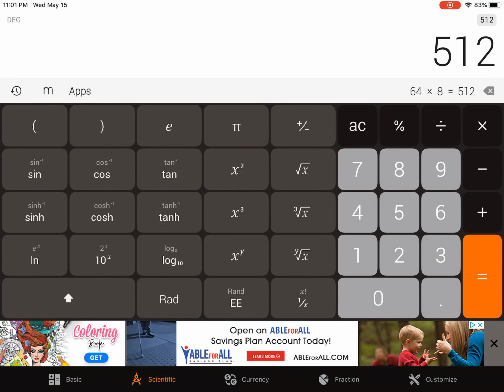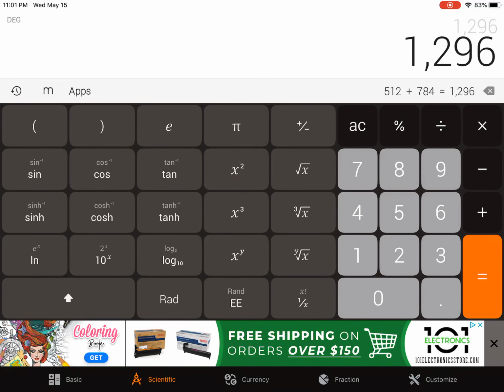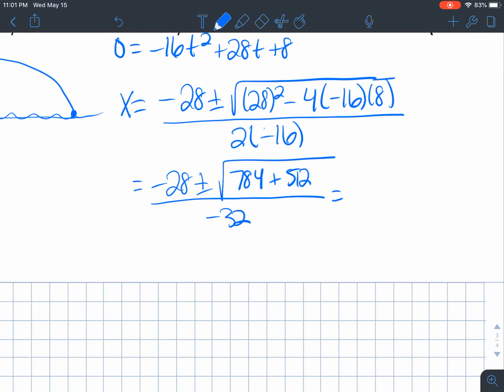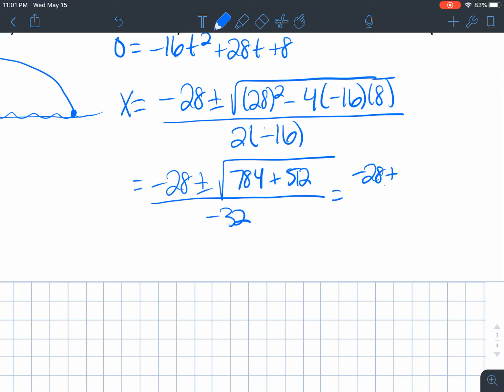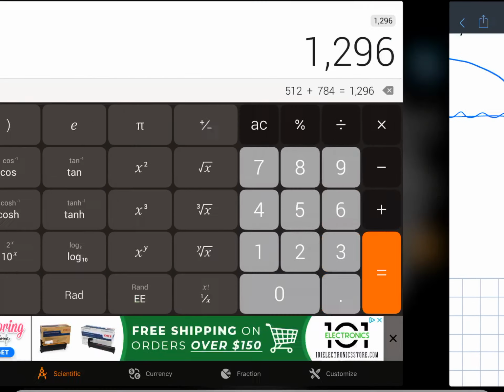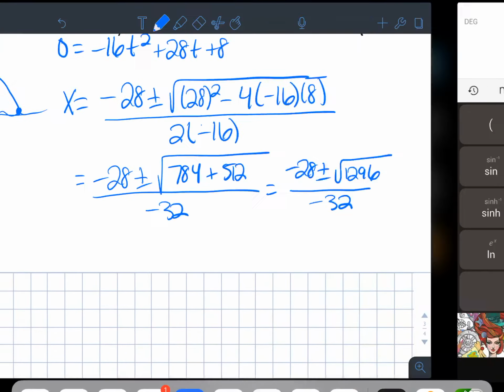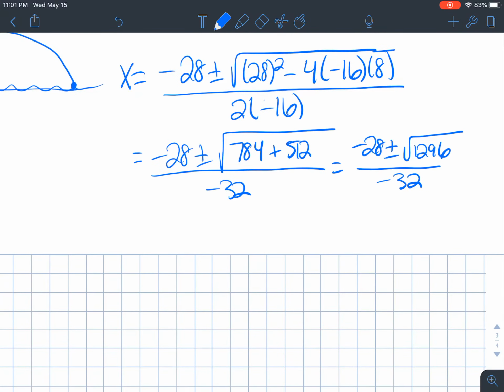So 512 plus 784 is 1296. So negative 28 plus or minus the square root of 1296 all over negative 32. So I can go ahead and square root that. That is 36. What a beautiful thing.